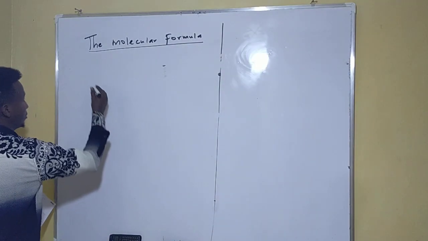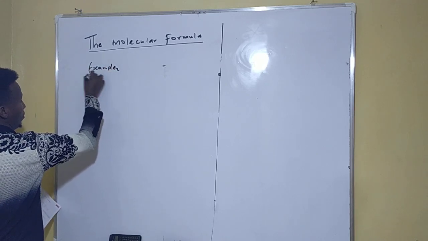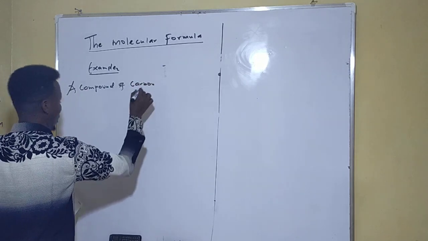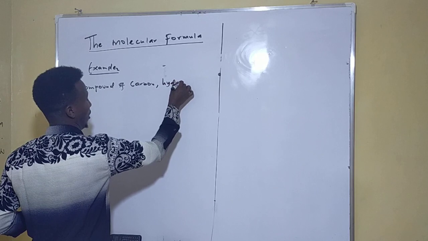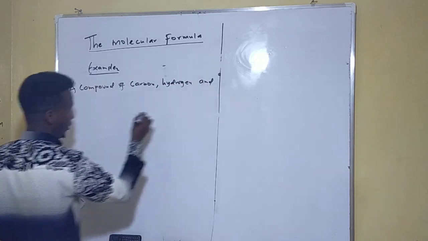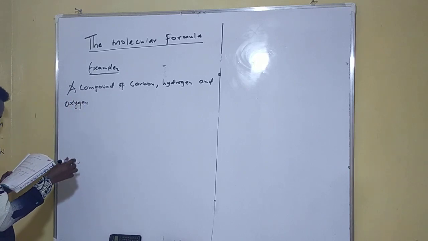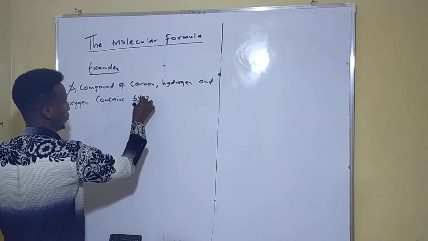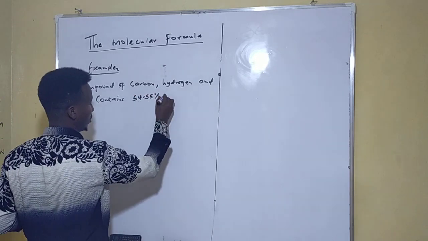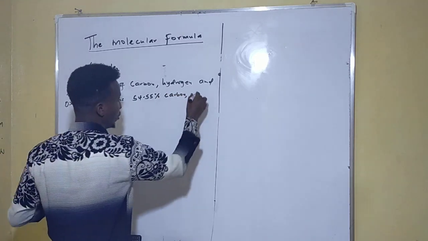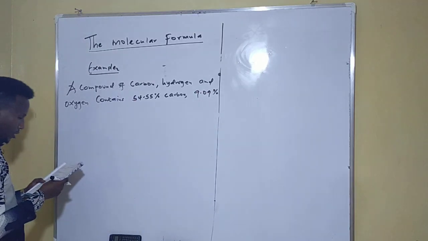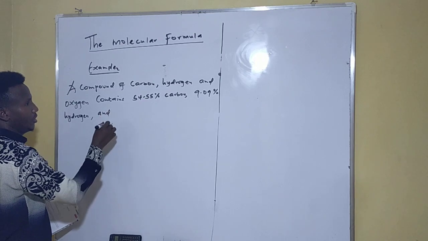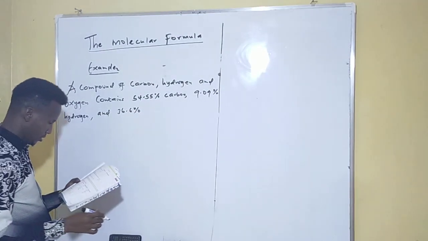Now let us see example 2. You are told a compound of carbon, hydrogen and oxygen contains 54.55% carbon, 9.09% hydrogen, and 6.6% oxygen.